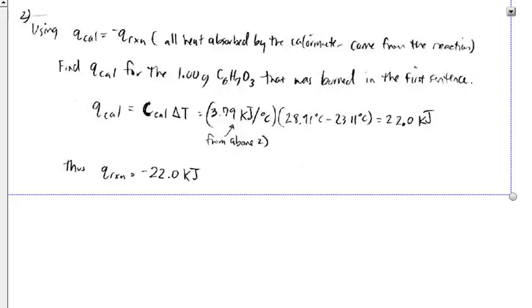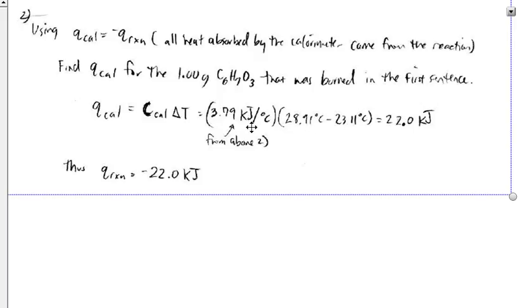Next, you can use the idea that the heat energy absorbed by the calorimeter is the negative of the heat energy released from the reaction. So from the very first sentence, when 1 gram of this substance was burned, you released a certain amount of energy that increased the temperature from 23.11 to 28.91.